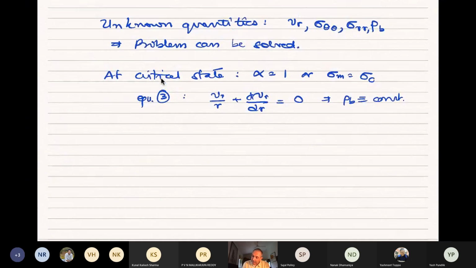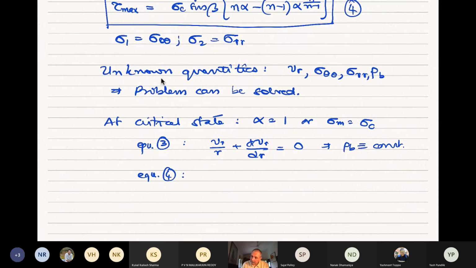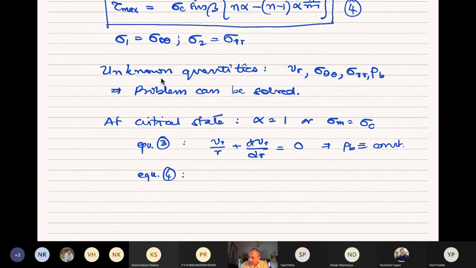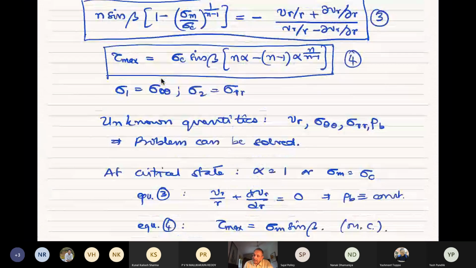And then equation 4 simply reduces to tau max is equal to sigma m sine beta, which is the Mohr Coulomb condition. So if we were at the critical state everywhere, the problem reduces to the earlier problem which we solved at the critical state.